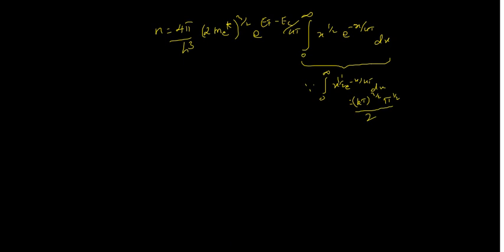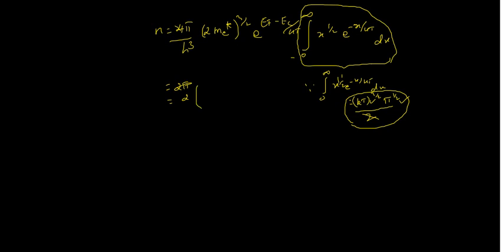Instead of this integral, we are going to write this value. Here this 2 and the 4 will get cancelled, so you can write 2 pi. Now let us take all the power 3 by 2 values inside the bracket.